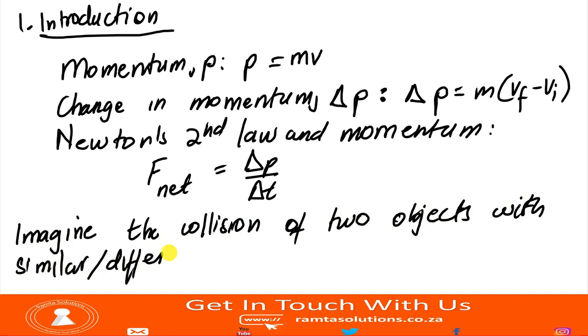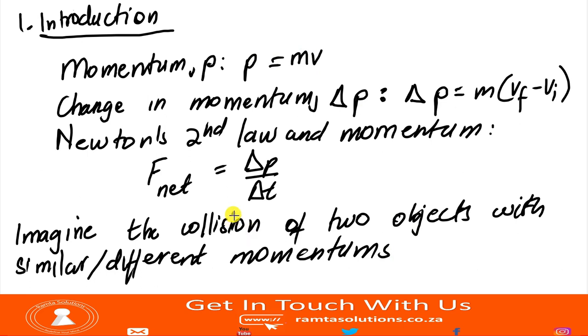This is what we are going to look at today, and we are going to investigate and quantify this situation. So without any waste of time, let's get to the second point.